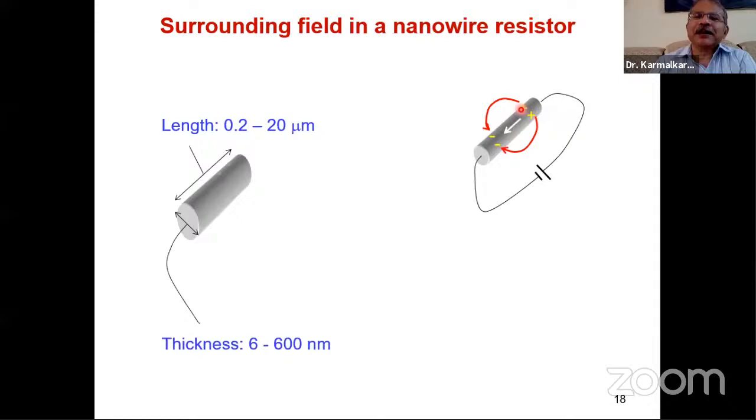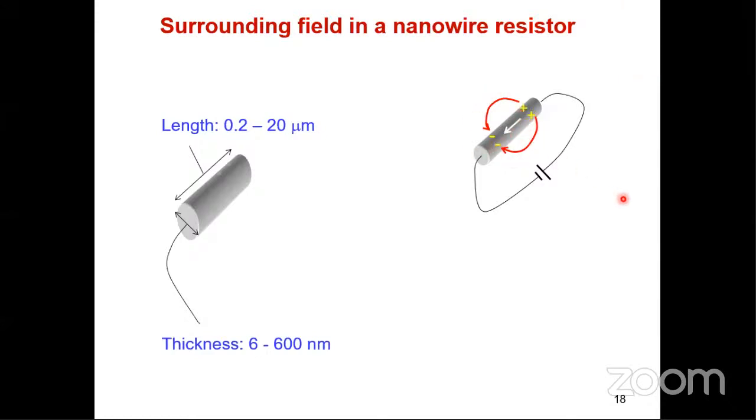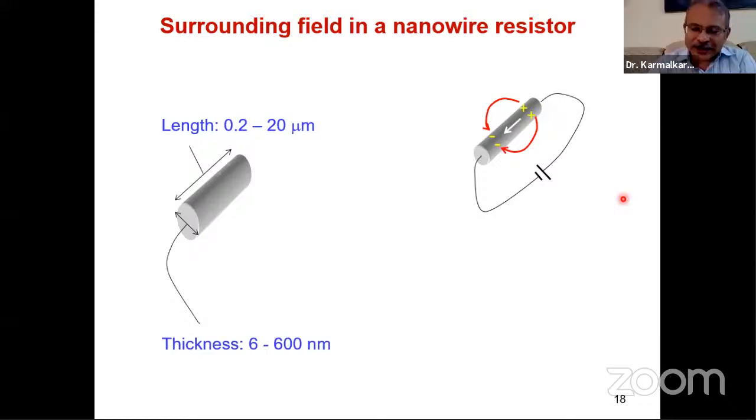Then why is it that people don't show the surrounding field? Can someone tell me? I have given the reason so far, but I want to check if people have understood. Why is it that in diagrams in books and elsewhere, we have not shown the surrounding field? Field effect due to these fringing fields is negligible in bulky components. Yeah, very good. Who is this? Pratyusha, sir.